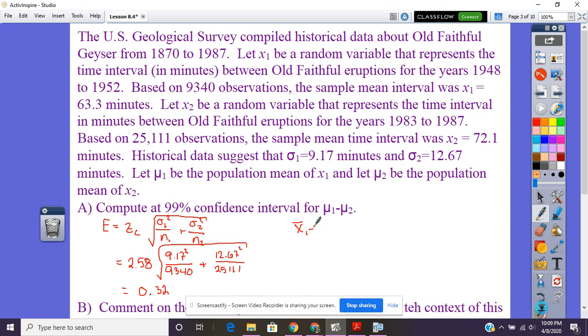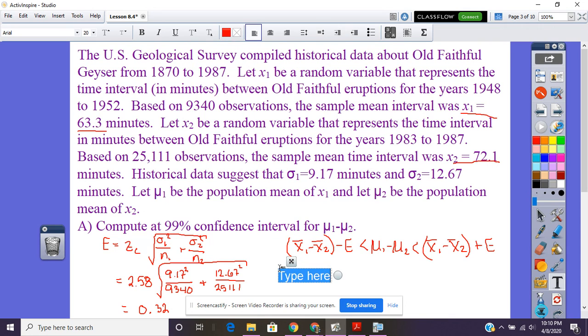All right, then to actually find our interval, it is mean 1 minus mean 2 minus our E. It's going to be mu1 minus mu2 in the middle. And then we have mean 1 minus mean 2 again, plus our E. Well, we found mean 1 is up here, and mean 2 is right here.